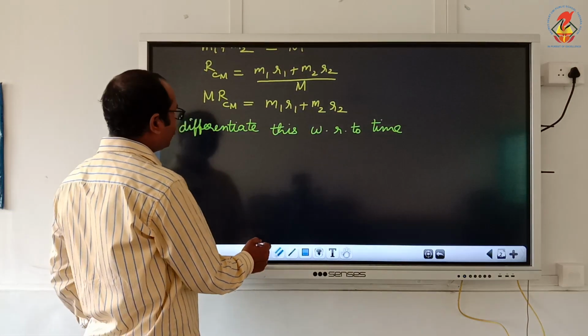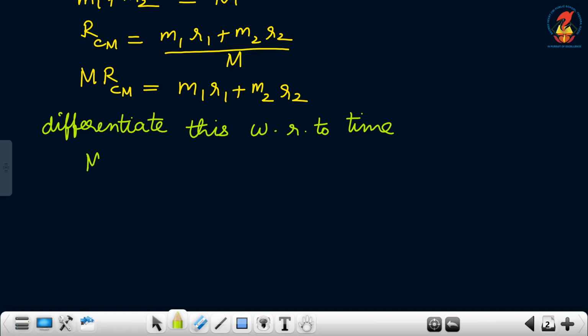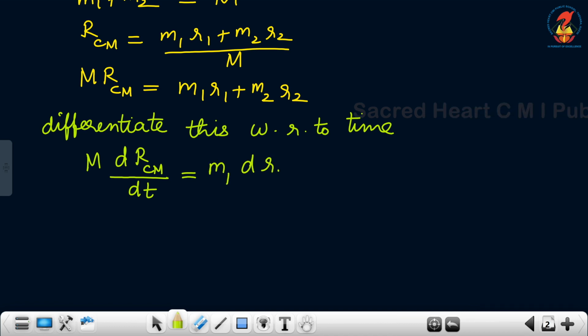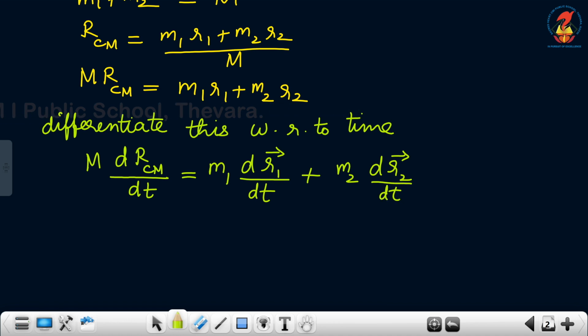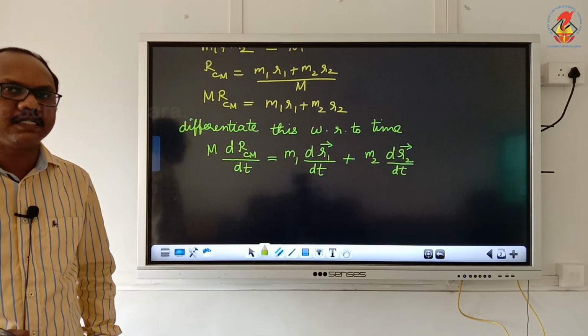Therefore, I can write M into dRCm by dt is equal to m1 into dr1 by dt plus m2 into dr2 by dt. So, I differentiated both sides.